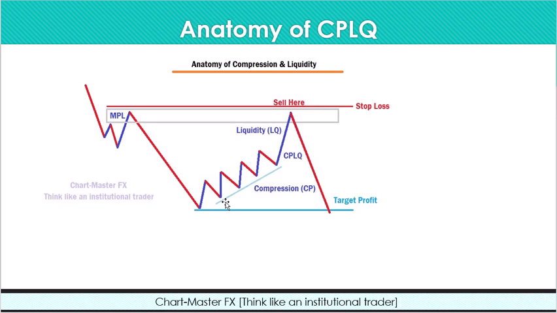However, for the sake of this course, as you can see in each standard operating procedure that we are dealing with, we are only considering maybe an anatomy of one setup, which means if it's a sell setup, we deal with the sell setup. If it's a buy setup, we deal with a buy setup.